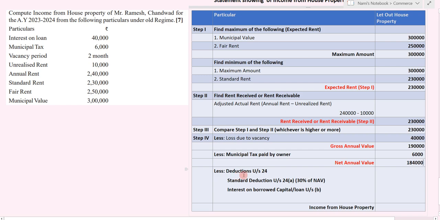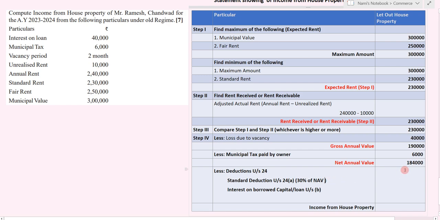So standard deduction under section 24. Under section 24 we have to do the standard deduction of 30% of NAV. 30% of NAV means 30% of net annual value. And if there is any interest on loan, that is to be reduced. Okay, that is to be less. These two are the deductions under section 24. First is standard deduction under section 24A, that is 30% of net annual value.